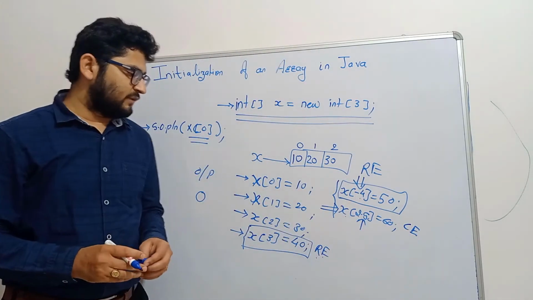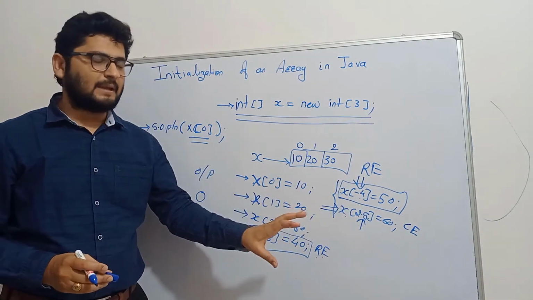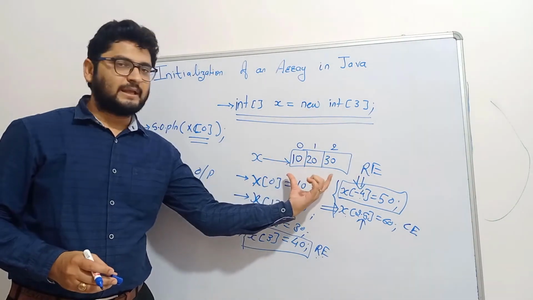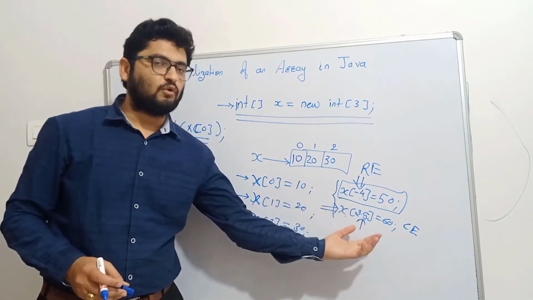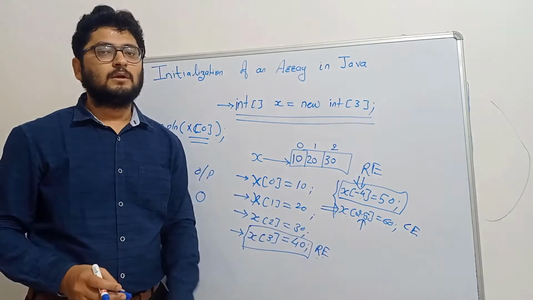Okay, so in this way, if you are providing any integer value over here, you are not going to get a compile time error. But if that value is not lying in this particular range, then you are going to get a runtime error. But if you are providing any other value like float, double or long, then in that case you are going to get a compile time error.